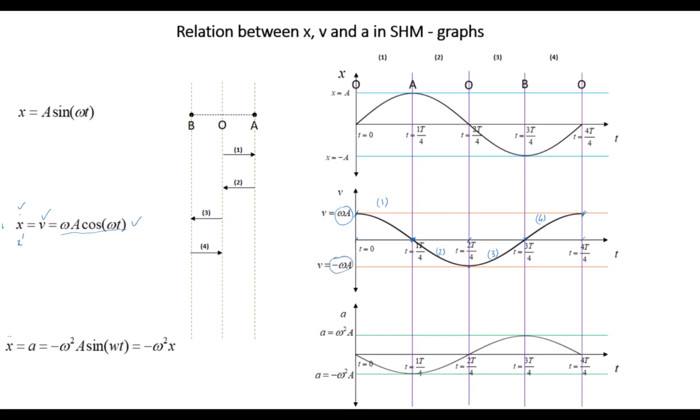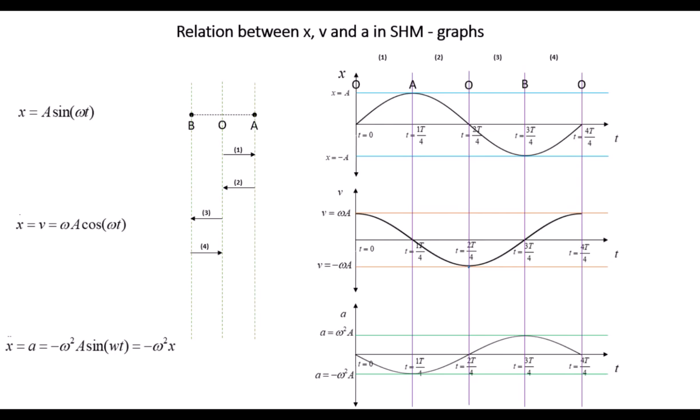So that's the maximum velocity in the negative direction. And we see that velocity is the minimum, equal to 0, at the point A given by time t equals T over 4, and also at the point B given by the time t equals 3T over 4.